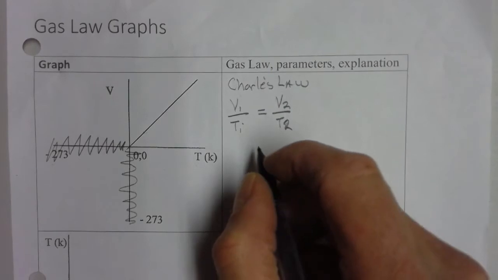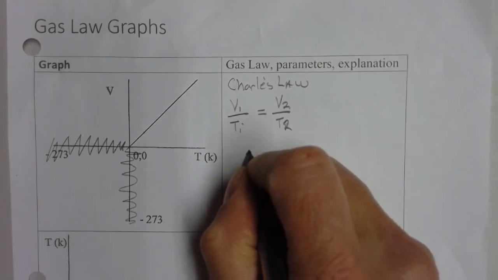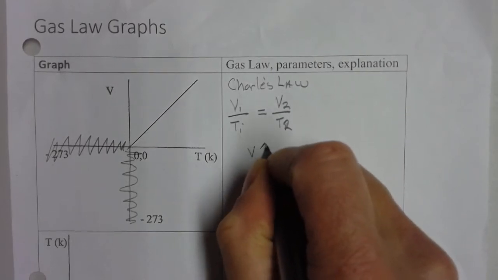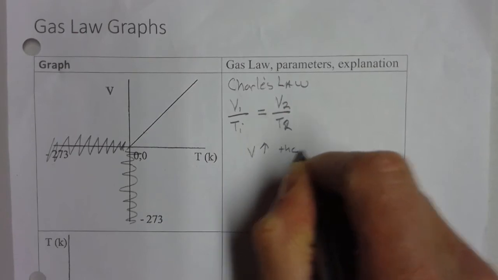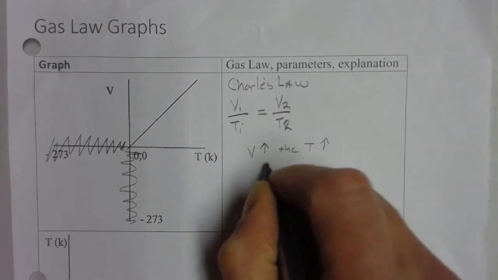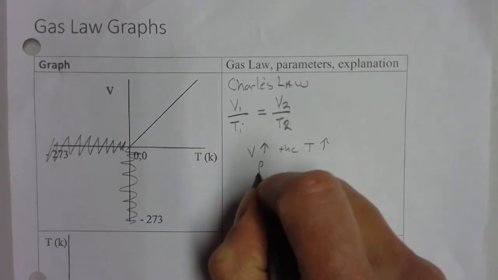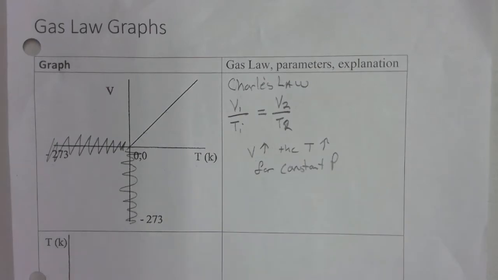And what that says is that if volume goes up, then temperature must go up for constant pressure. Have to have a constant pressure for this. So there you go.